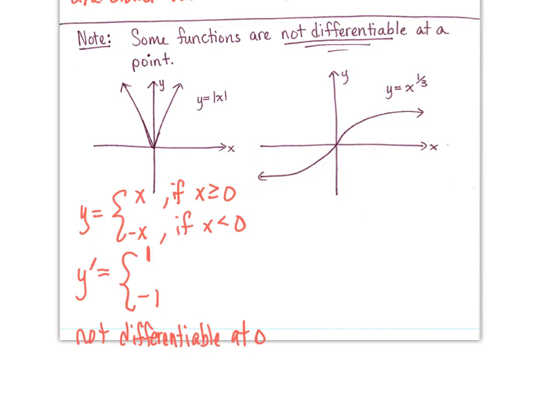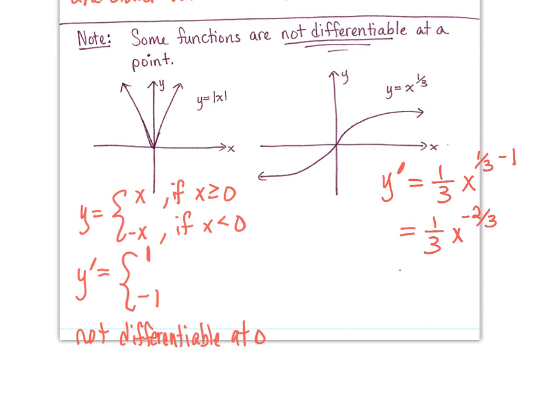Another function we can consider is y equals x to the 1/3. y prime would be equal to 1/3 x to the 1/3 minus 1. That would be 1/3 x to the negative 2/3, because you can rewrite 1 as 3/3.